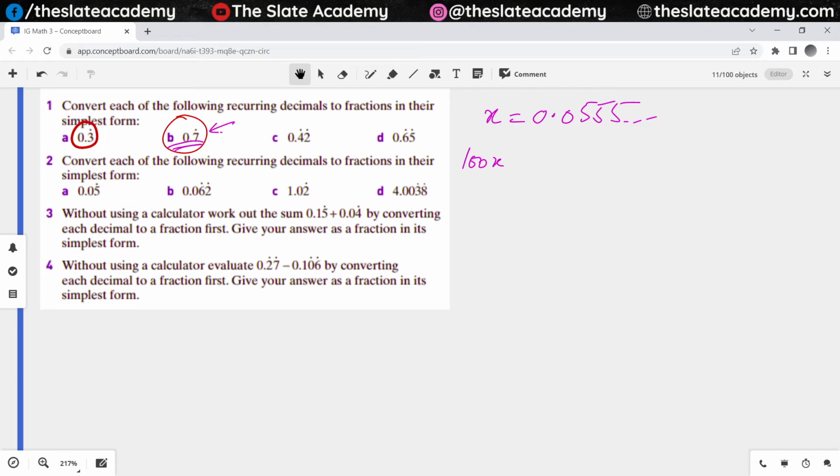We would see both would have their pros and cons. This would leave the answer in a decimal form. Okay, so 100x would give me 5.555555. Now if I subtract the two equations, 100x minus x would give me 99x. And in the second one, 5.55555 recurring, this would give me 5.5.